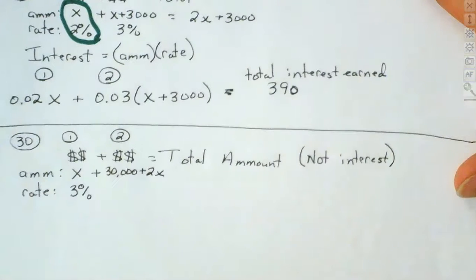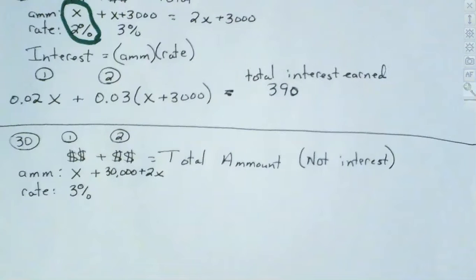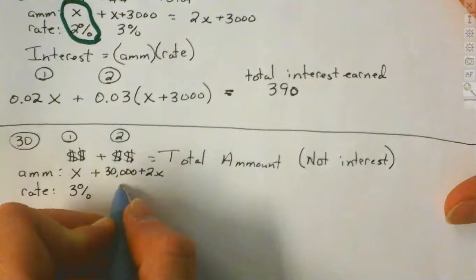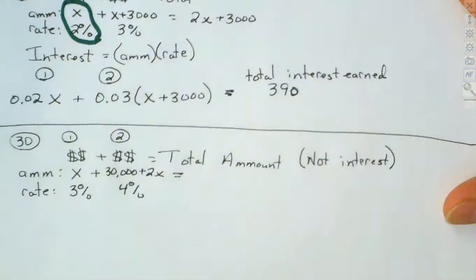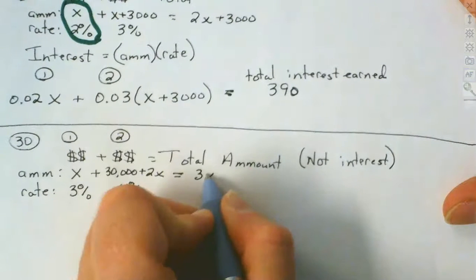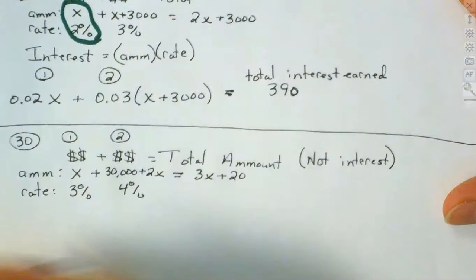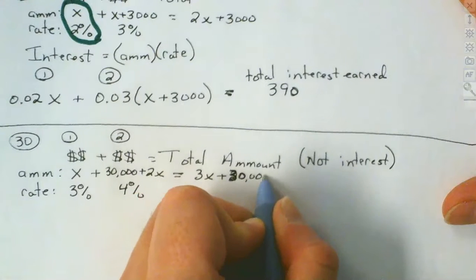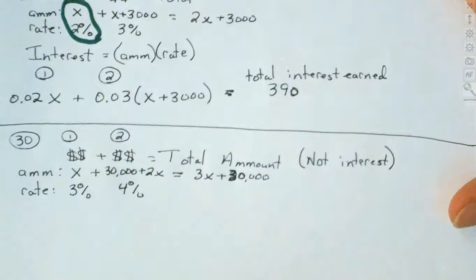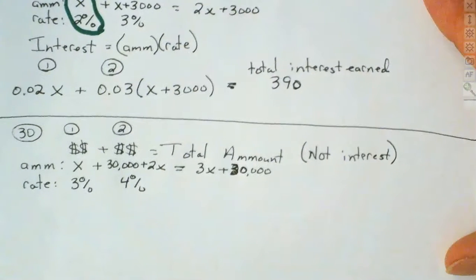Twice that amount would be 2x. All right, and what percentage rate does it pay out? Well, if we read here, it says it pays out 4%, so slightly higher. We're going to go ahead and add these across. And if I add these across, that's 2x plus x, 3x plus that 30,000. If I can say it correct. Right, so those are going to go together, and that's going to give us our 3x plus that 30,000.